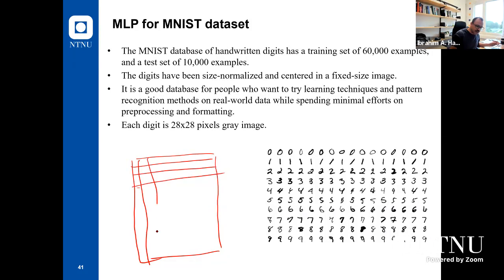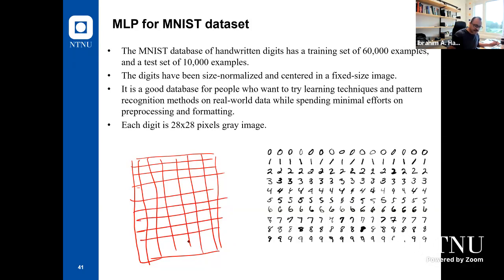This one is 28 times 28, right? Can you check how many features? When it's 28 times 28, it's 784.